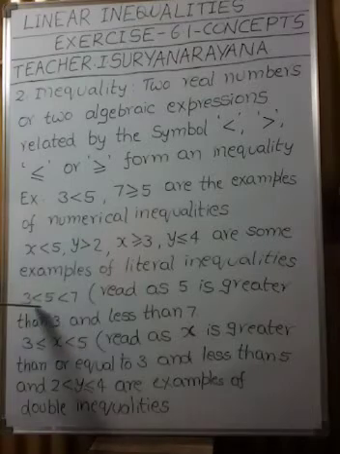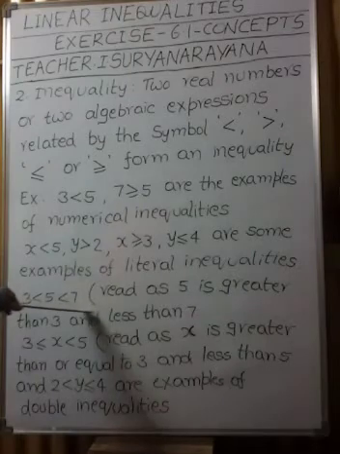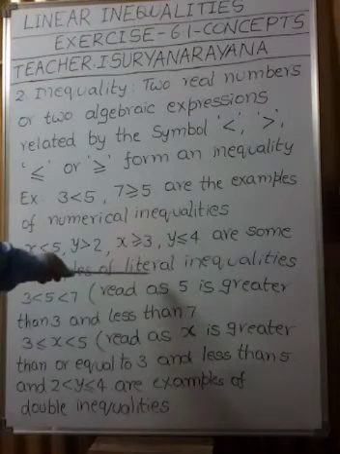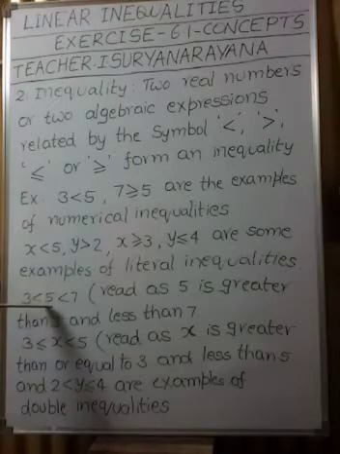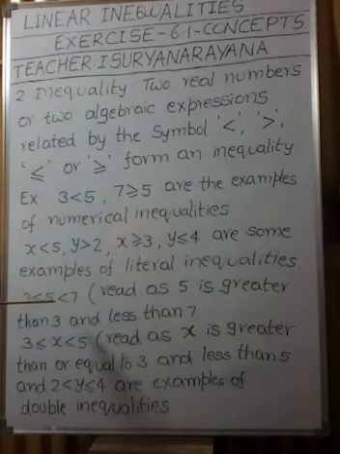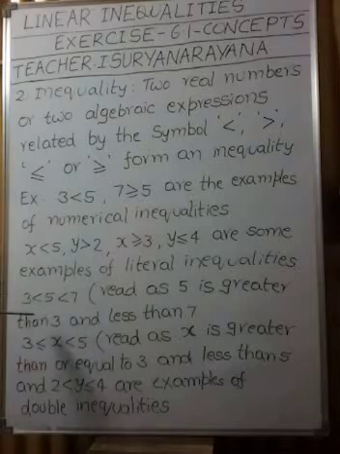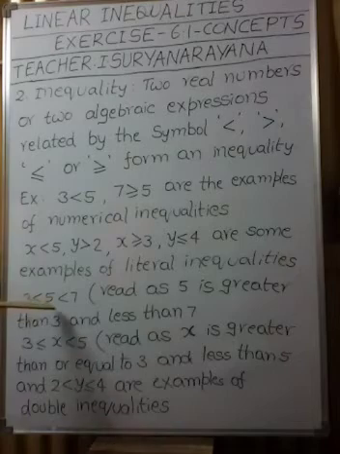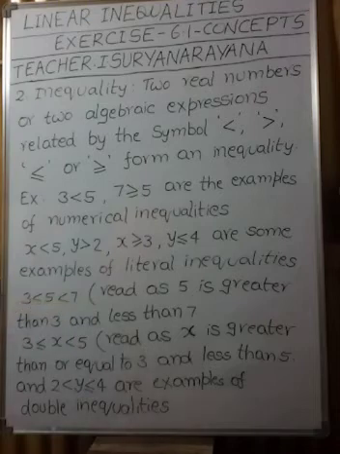Now come to this line. 3 less than 5 less than 7. But we read this inequality as 5 is greater than 3 and less than 7. Understood this point, my children?